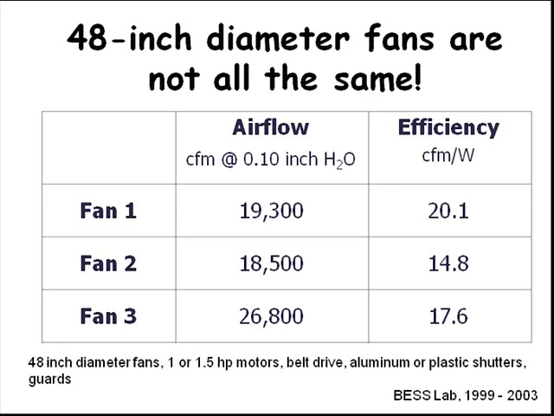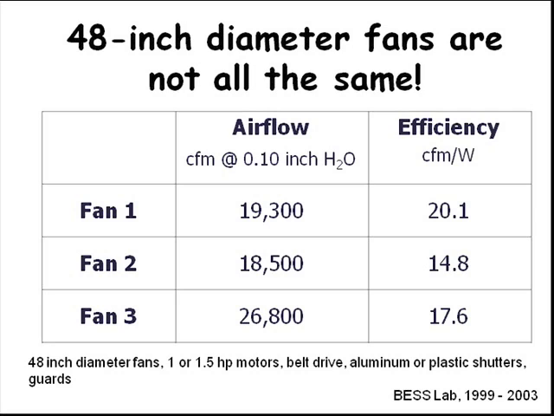Again, the same point that Larry had, I want to hit again, is that the same diameter is not the same airflow rate. So we've got 3 fans here. The first fan is the one that was in the previous slide, and it moves 19,300 CFM at a tenth of an inch of static pressure and has an efficiency of 20.1 CFM per watt.